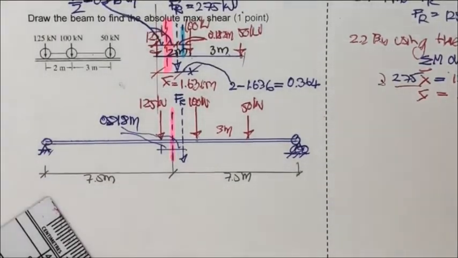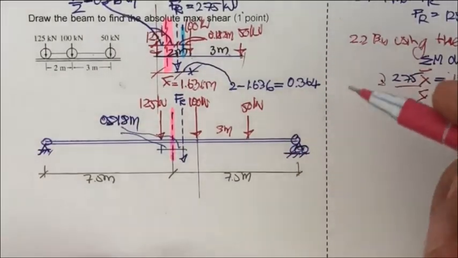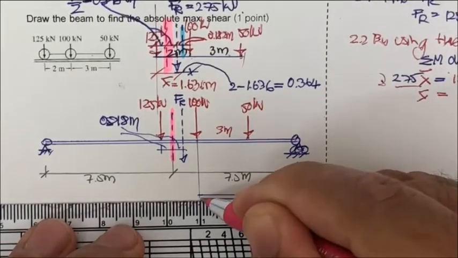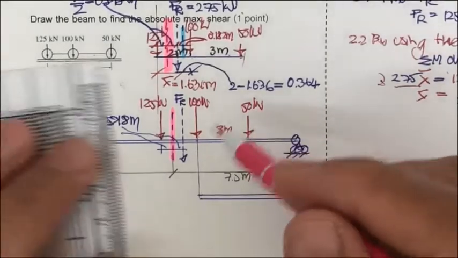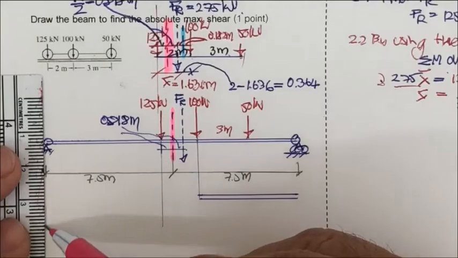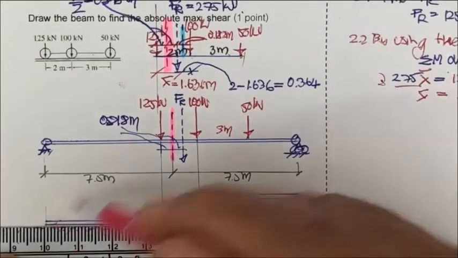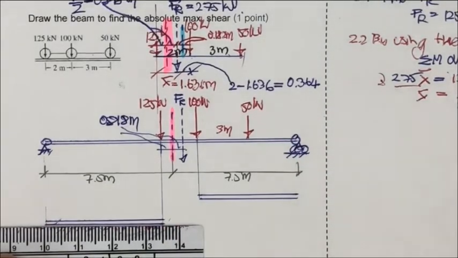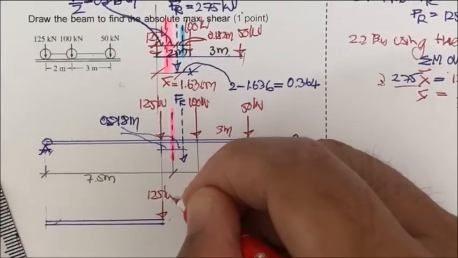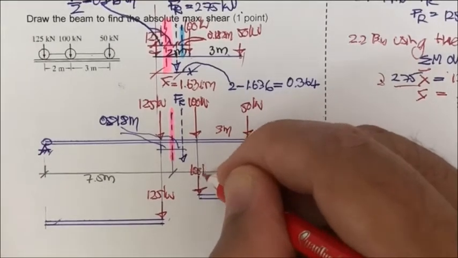By doing that, let me draw the free body diagram of this part of the beam, and also draw the free body diagram of this part of the beam, and let us calculate the bending moment that occurs under this 125 kilonewton, and this one for 100 kilonewton.